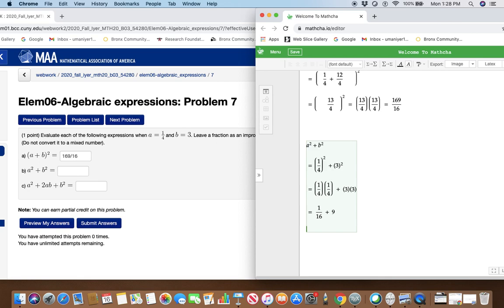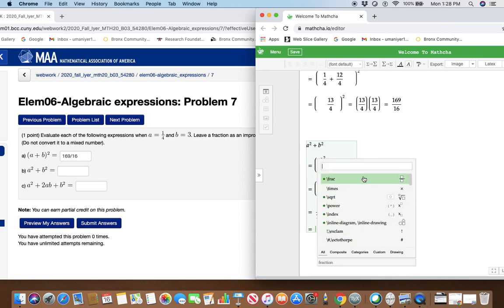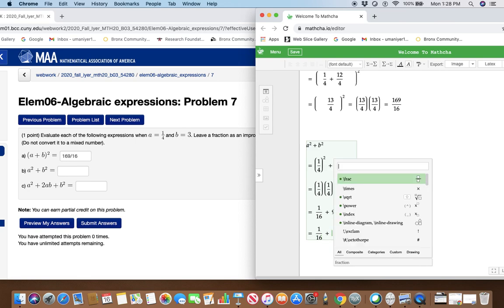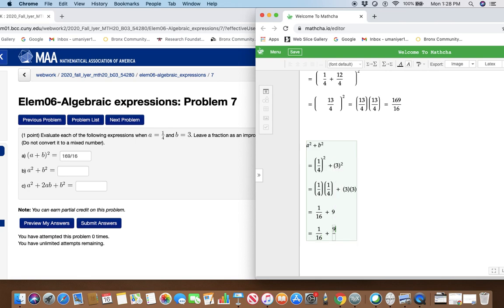How do we add fractions? Well, 1/16 plus 9 is 9/1, which is equal to, you need common denominator. Least common denominator, start with 16, because that's the larger of the two denominators. 1 goes in 16, 16 goes in 16, so 16 is the correct one.